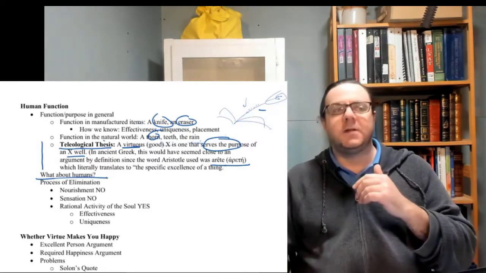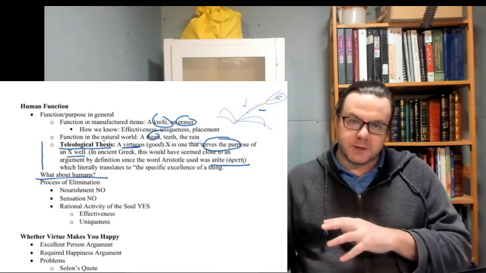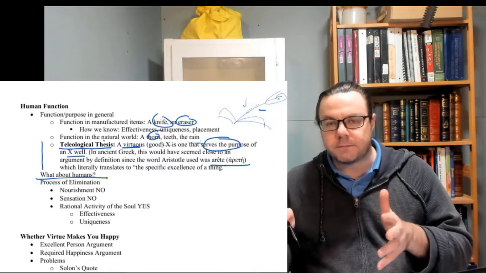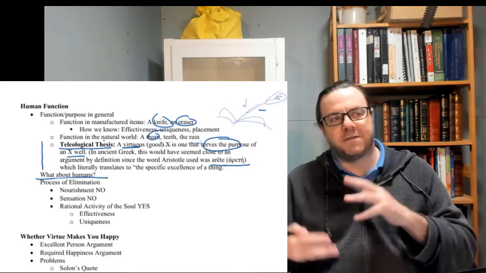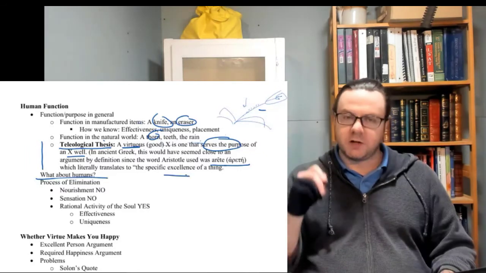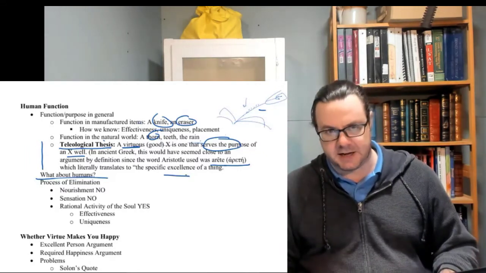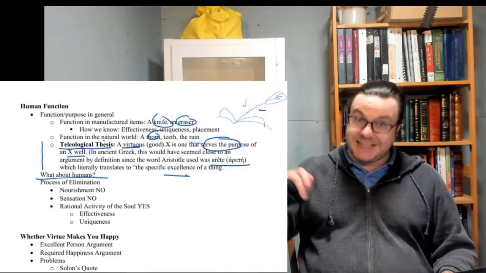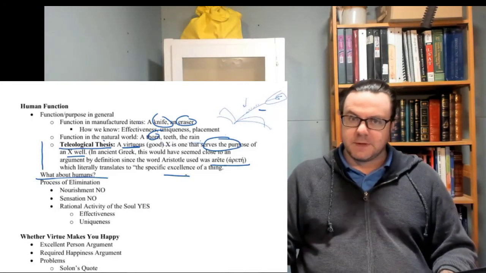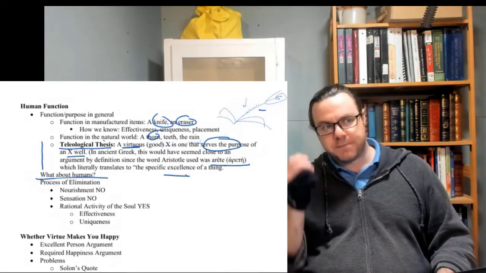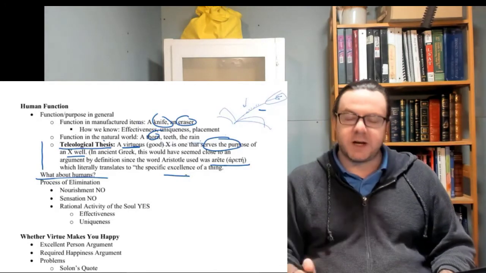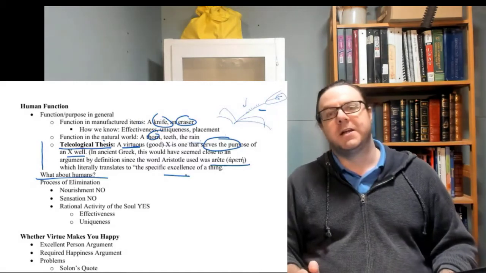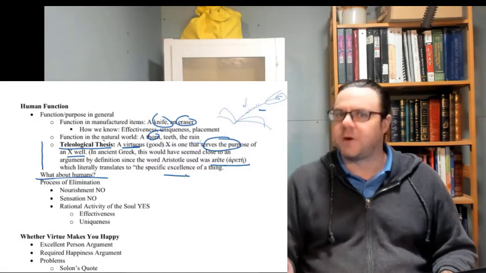And replacing good with virtuous, Aristotle seems to have the idea that the meaning is kind of the same. When you talk about something being, say, an excellent knife, and you talk about a person being an excellent person, those meanings are connected. An excellent knife is one that does what a knife's supposed to do. It cuts well. And an excellent person does what a person's supposed to do.